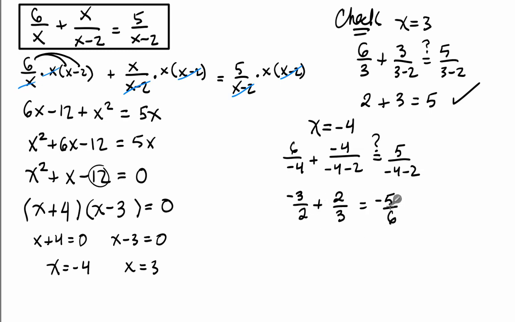It's not obvious that this is true, but let's combine these two fractions by getting a common denominator of 6. So that would be negative 9/6 plus 4/6, which yields, when you add them, negative 5/6. You can see, yes, that's what we're supposed to get on the right-hand side. This answer also checks.